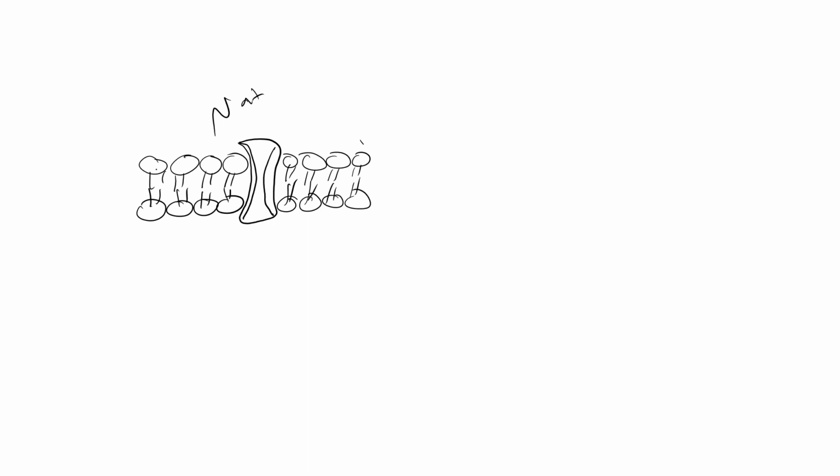Okay, here's another ion channel. And this channel is going to be specific for potassium to move through. Now, these two channels that I have drawn right here are ion channels. They're a big protein that allows these ions to flow across this cellular membrane.